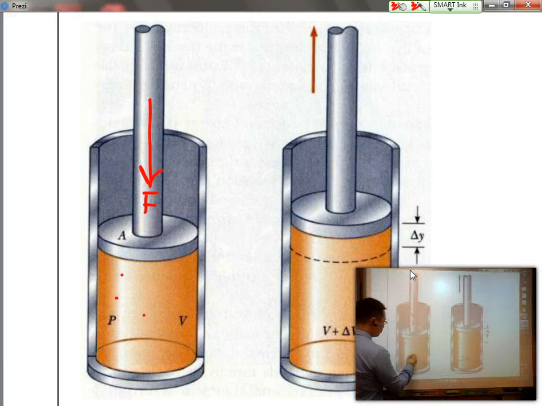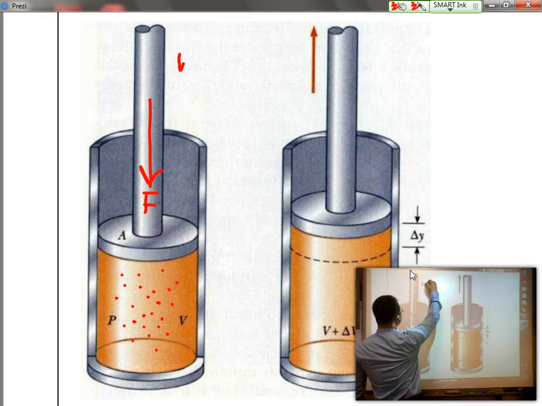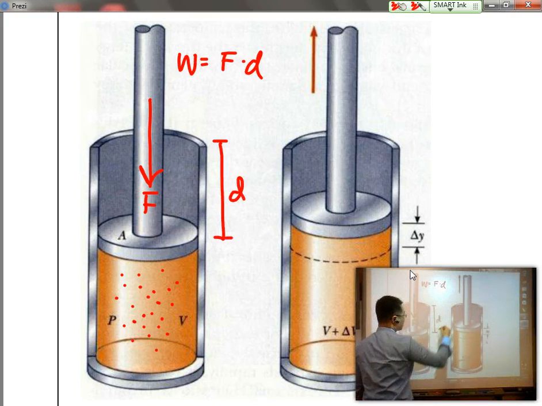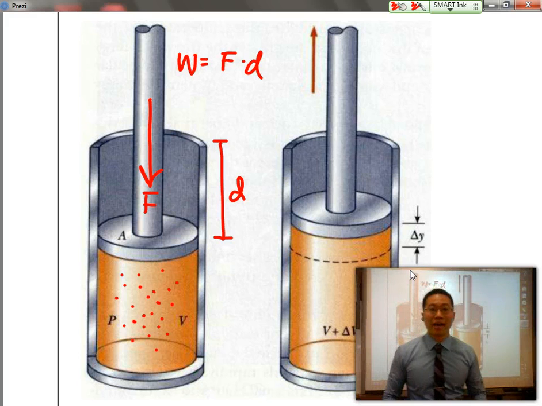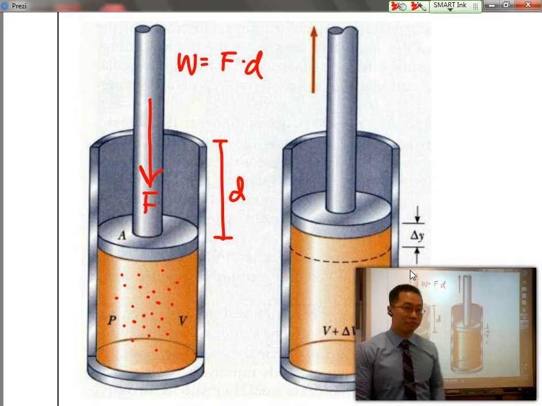So in this case, the gas would be the molecules inside. And work is equal to the force times the distance that it was compressed. However, there's an alternate formula for work, based on the original formula and based on what we've learned so far.